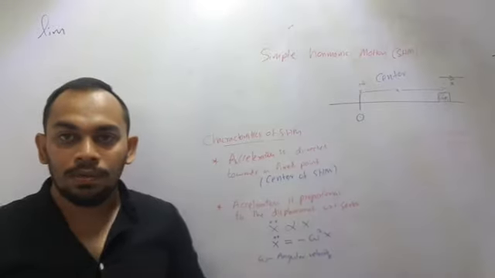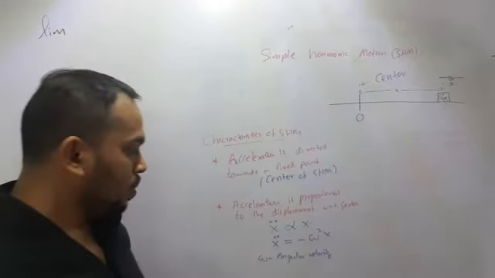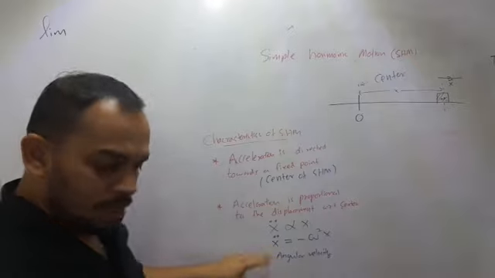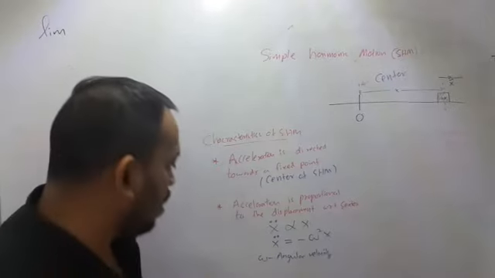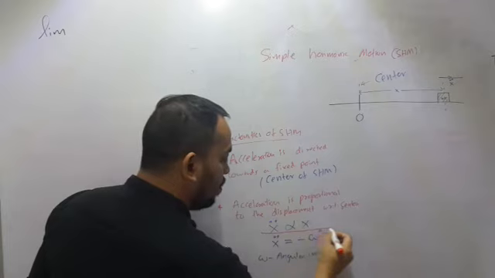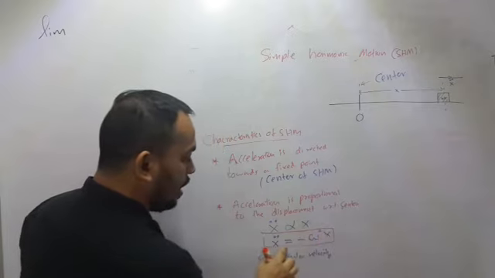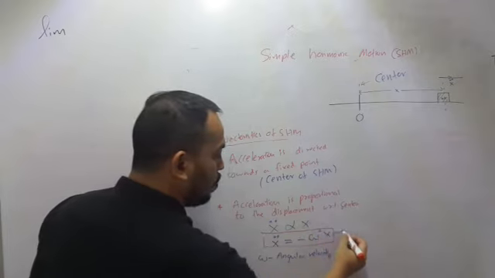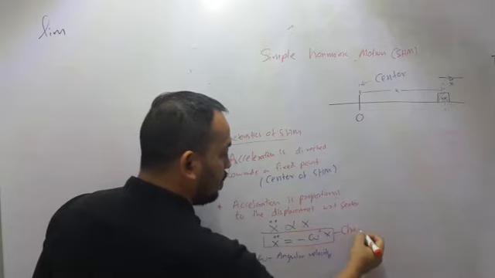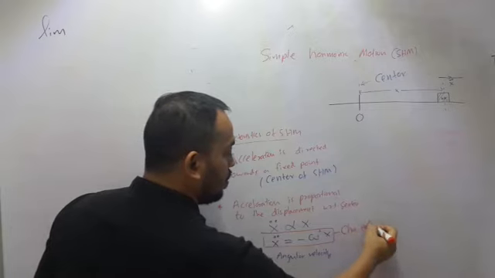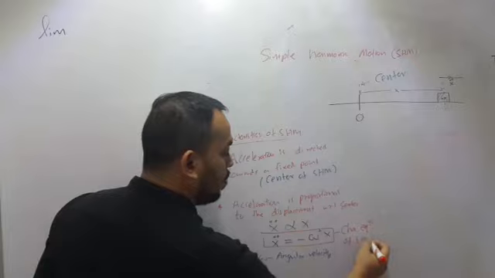This is called the characteristic equation of simple harmonic motion.